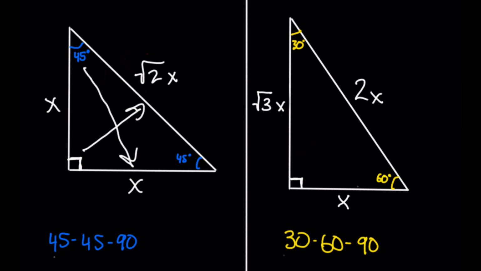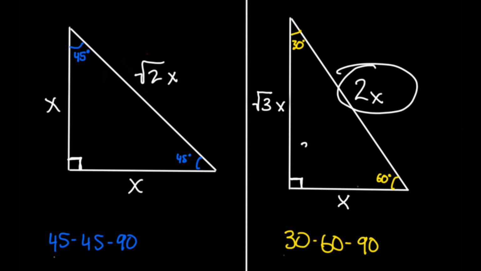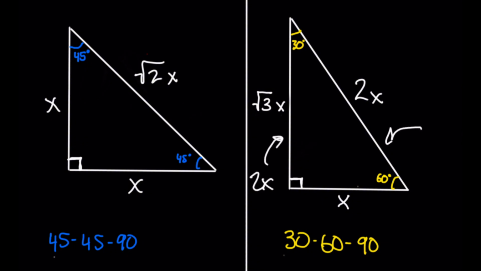And the hypotenuse is always the longest side, so you can think that 2 is greater than the square root of 3, so 2 belongs on the hypotenuse, not the longer leg. I used to make that mistake. I would think that the formula for the longer side is 2x, and the hypotenuse is square root of 3 times x, but no.